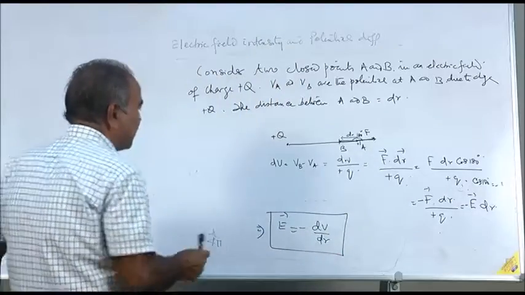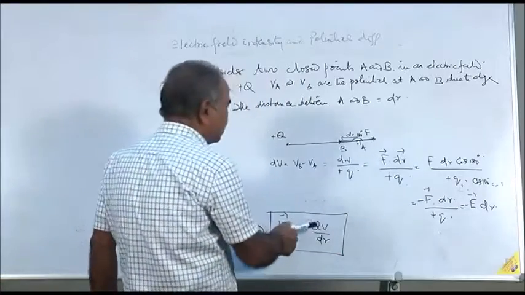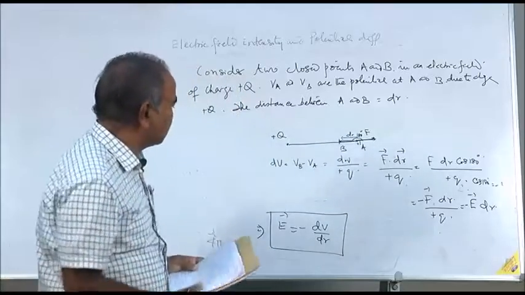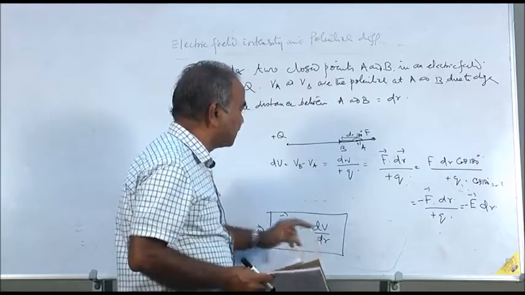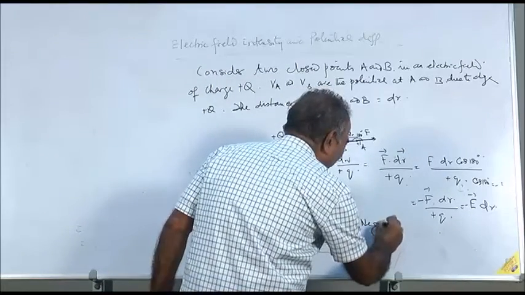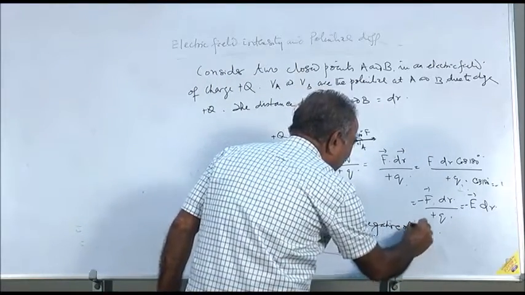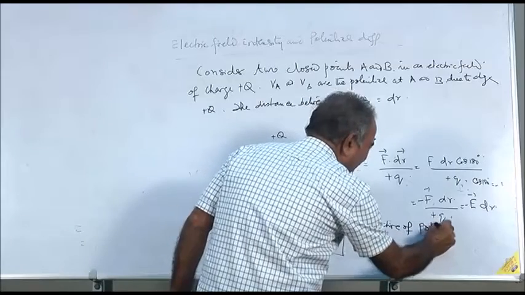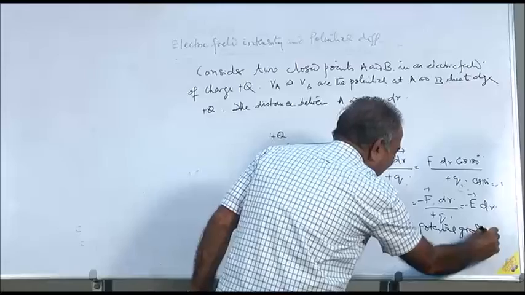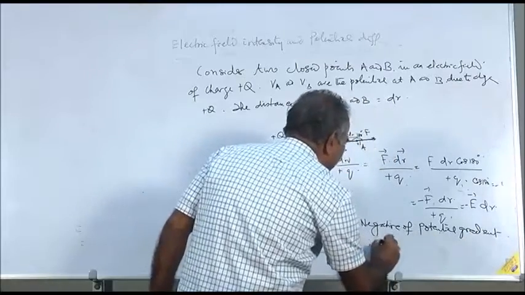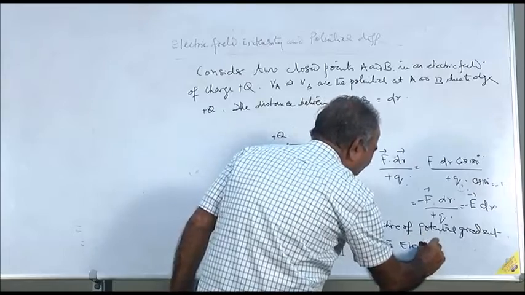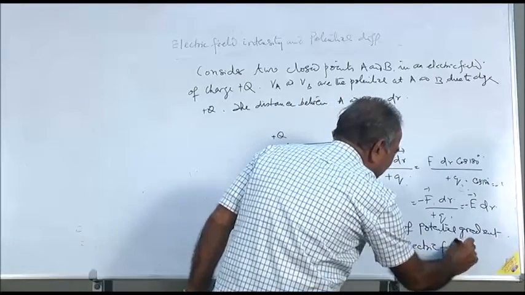So, E is the negative of the potential gradient. The negative of the potential gradient is the electric field intensity.